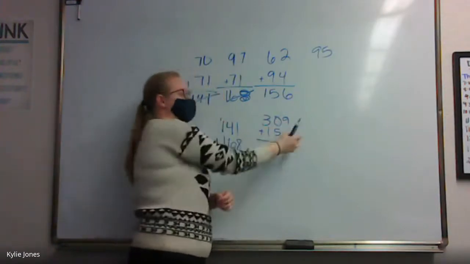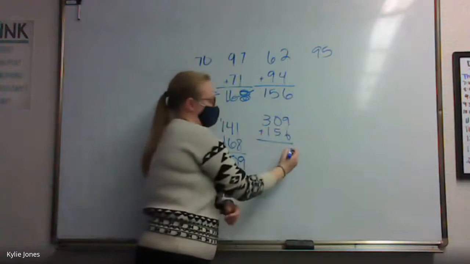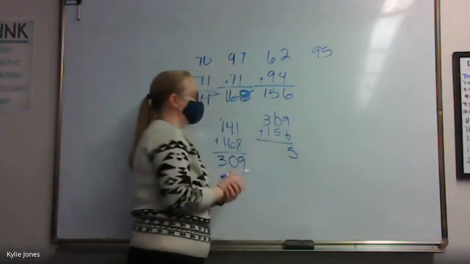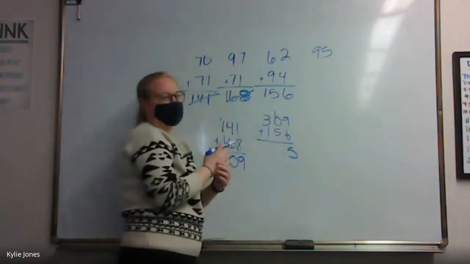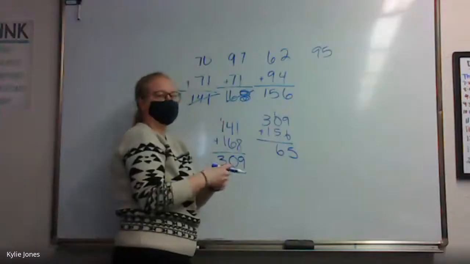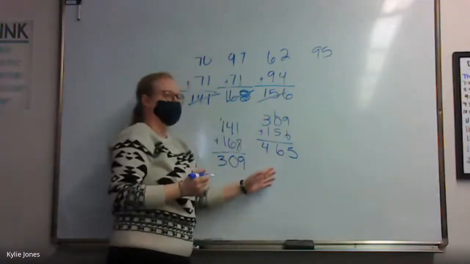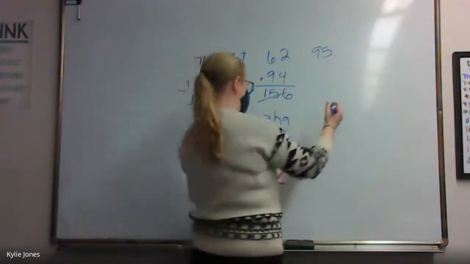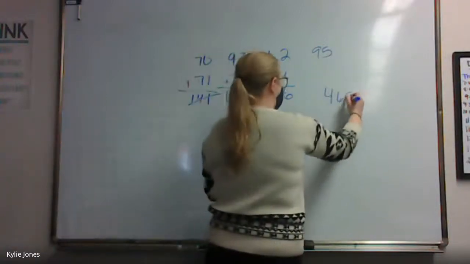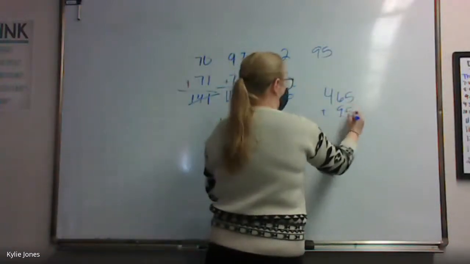Okay. 9 plus 6 is? 15. Carry your 1. 1 plus 0 plus 5. 6. Awesome. And 3 plus 1. 4. Good. And then we have one thing left to add in. 95. 465 plus 95.